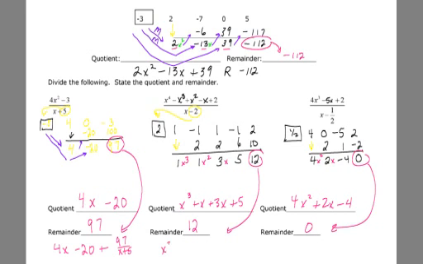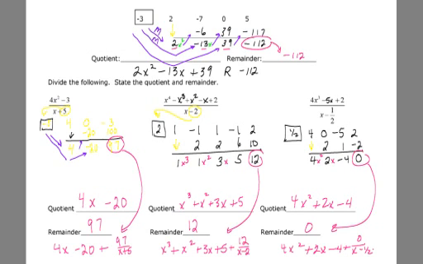This one might be written x cubed, oh, forgot my square, plus x squared plus 3x plus 5 plus the remainder over that divisor, x minus 2. And then this one could be written as 4x squared plus 2x minus 4 plus a remainder of 0 over the divisor, x minus 1/2.